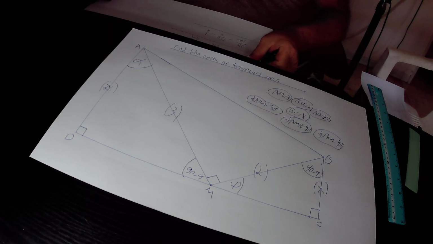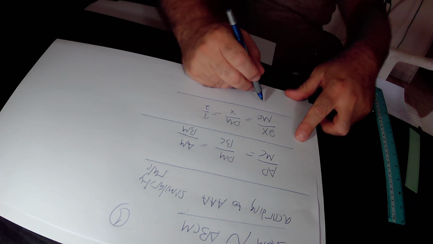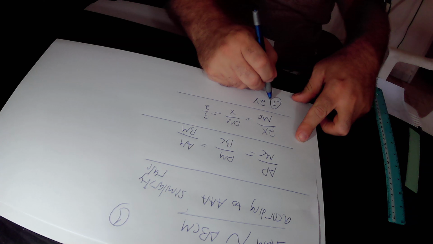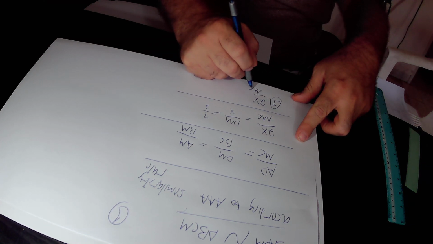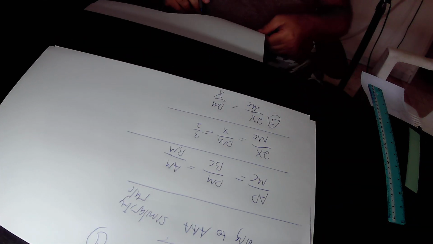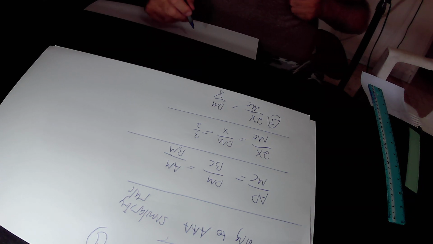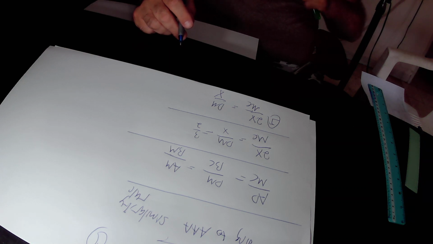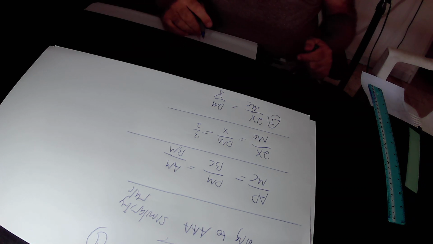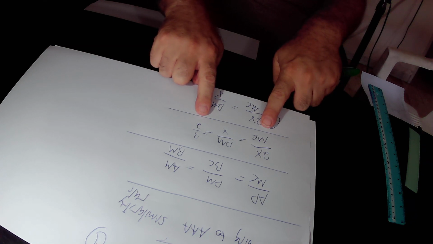According to equation 1, 2x over MC equals DM over x.